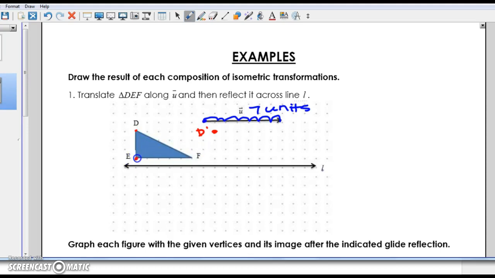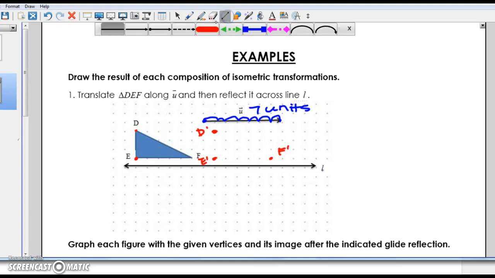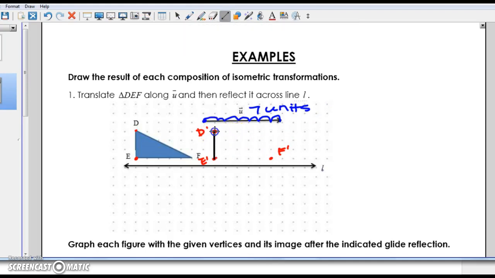Then I go to point E: 1, 2, 3, 4, 5, 6, 7. So that's where E prime would lie. Do the same thing with F: 1, 2, 3, 4, 5, 6, 7. And that's F prime. Once you have translated each point individually, take your ruler and you can connect D prime, E prime, and F prime. And that gives us our translated image under the vector U.